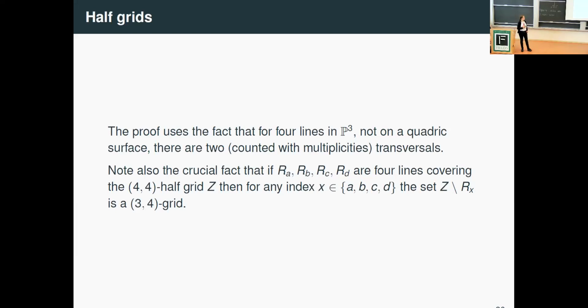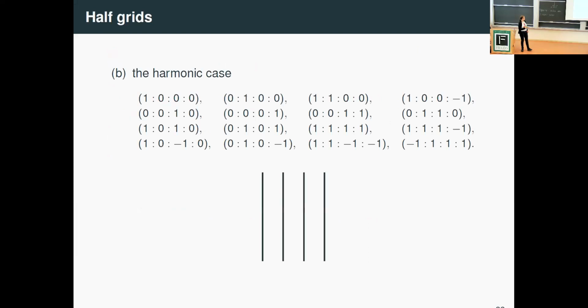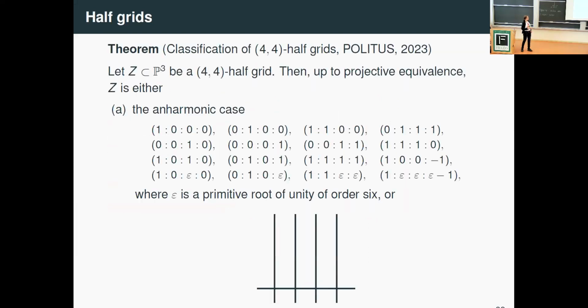Let me go back to this. So only this harmonic and anharmonic case are half-grids, so these are 2 different types of half-grids, which are not projectively equivalent, and these are the only possibilities for 4-4 half-grids.